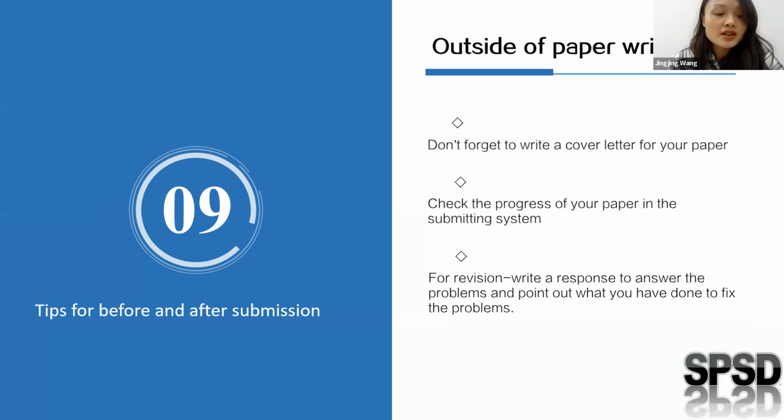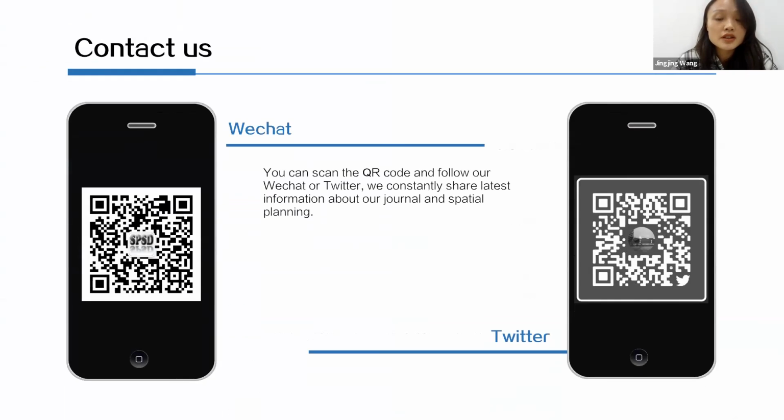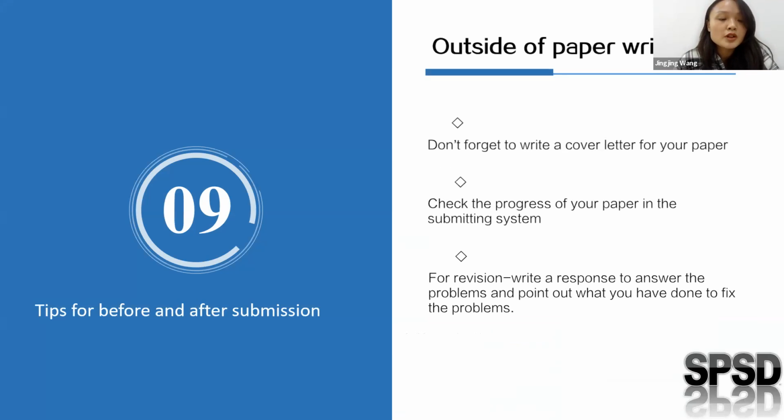Different journals may also have specific rules for the response and revised paper. You should check them before you send it. And when you send emails, please also note the addressing of recipients of your emails and cover letters, because maybe you don't know who will receive it.